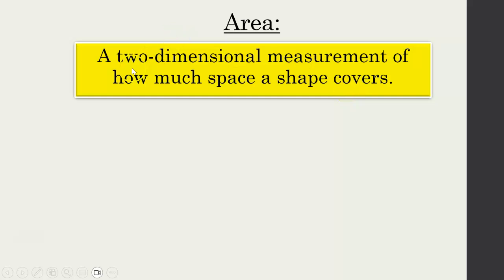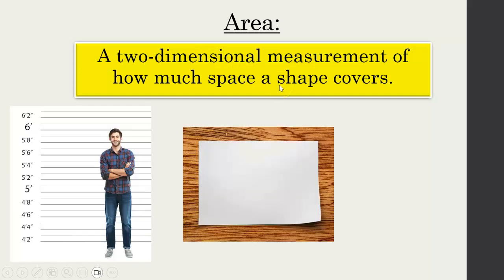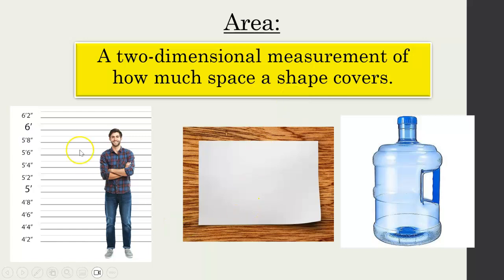Now, that seems okay, and it's a two-dimensional shape. So what do I mean by that? Let's say we have our three examples that I've been going back to multiple times. You have the height of someone. That would be one-dimensional because we're only going up or down. We're only measuring how tall or how short someone is. We're not measuring the width. We're not measuring the volume, how much space in reality he takes up. We're just measuring up or down.